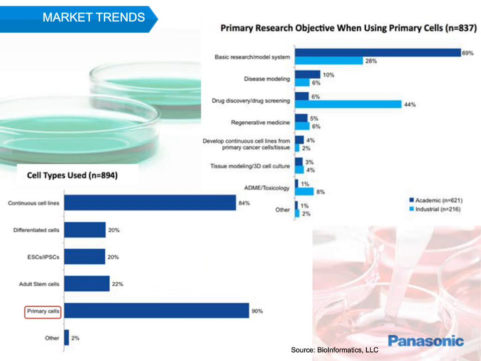Because of this, the primary cells are most widely used to understand the in vivo model system as well as for drug discovery and screening processes, as seen from the second graph. Use of continuous cell lines is more within the ADME and the toxicology studies, amongst other things.